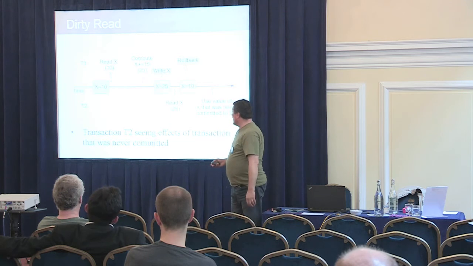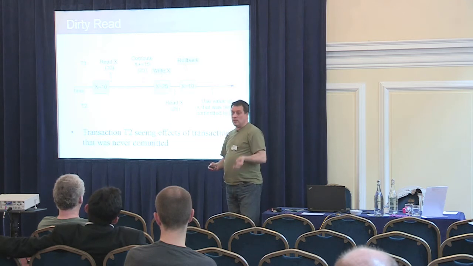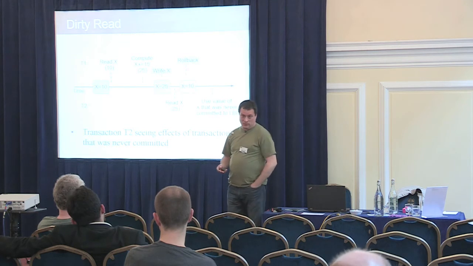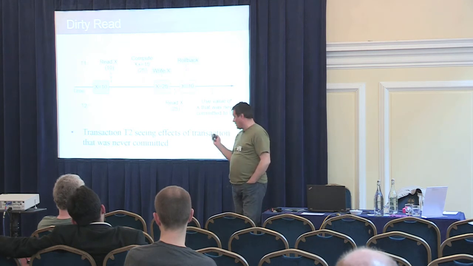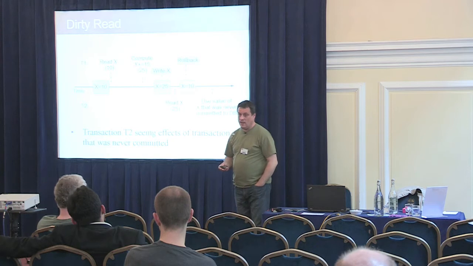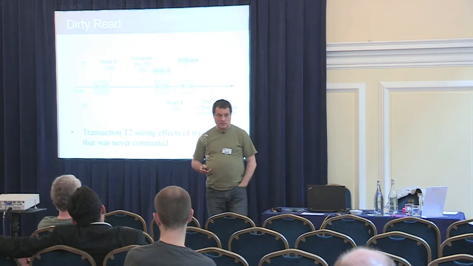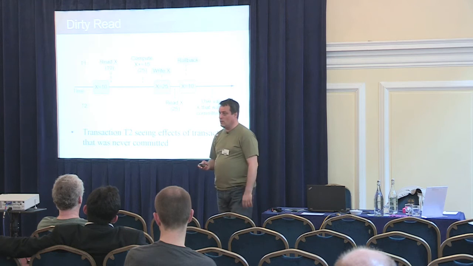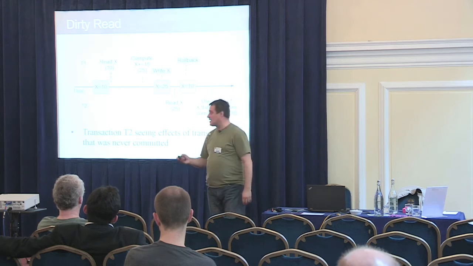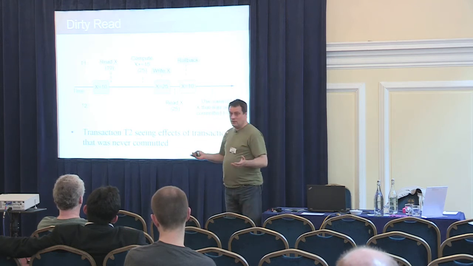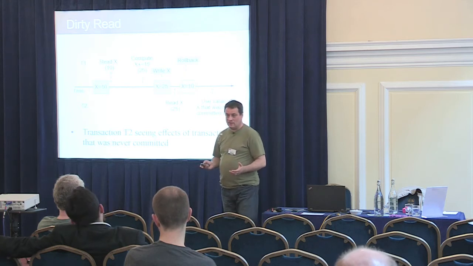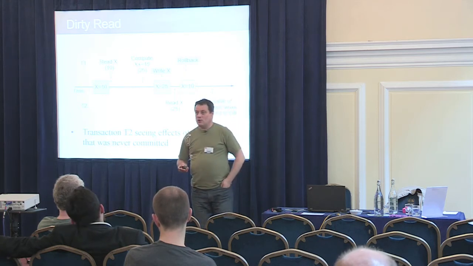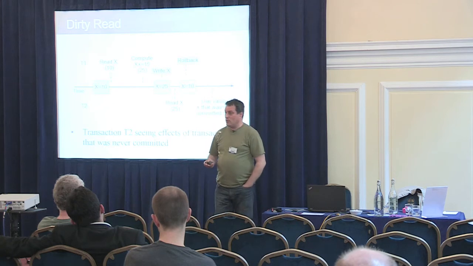So this is not such a big issue as lost update, but still you might decide that this is too much for line of business applications. However, as I said, this is already allowed in relational database management systems. And it gets even worse than this. I will show you later in the demo that with this kind of dirty reads, reading uncommitted data, you shouldn't even trust the number of rows you have read.